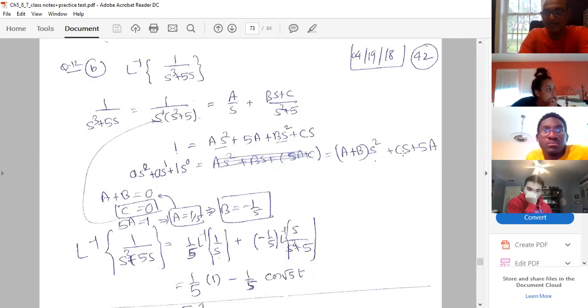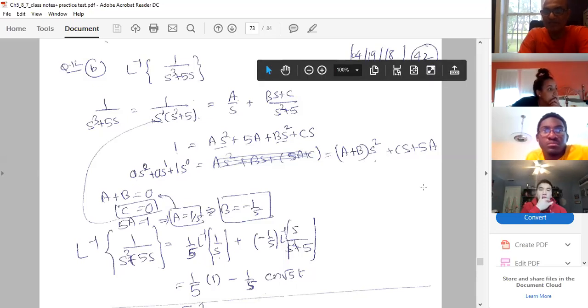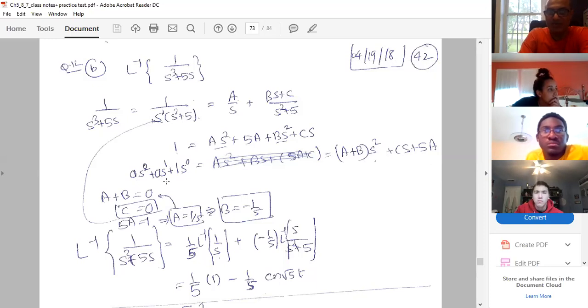Because s is there, cs plus 5A, let me write 0 times s to the power 1. And then the constant term is 5A, which equals 1, s to the power 0. Now I can compare the coefficients: A plus B equal to 0, C equal to 0, 5A equal to 1, so A equals 1 by 5.